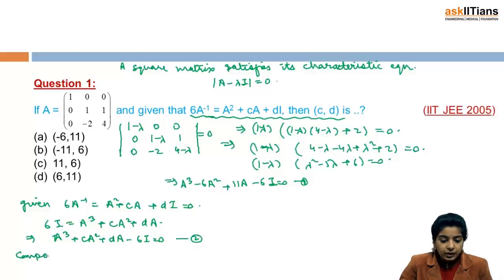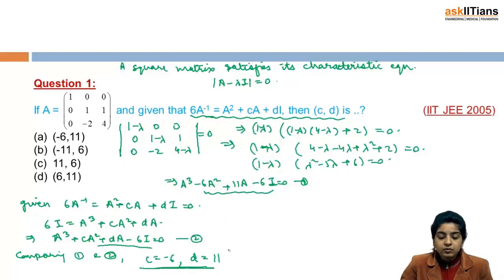Now by comparing 1 and 2, we get C as minus 6 and D comes out to be 11. Can you see? Just compare this equation with this equation, they are the same, and the values of C and D we have obtained are minus 6 and 11, and therefore the correct answer is A. So the answer is minus 6, 11.